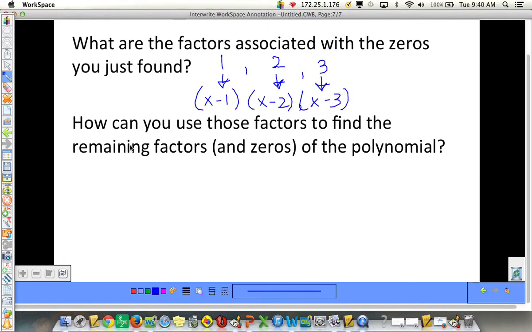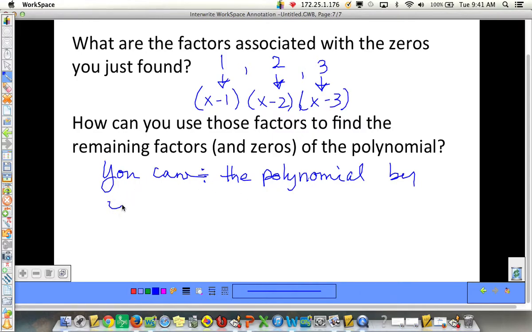How can you use those factors to find the remaining factors? You can divide the polynomial by each factor to get it down to a quadratic.